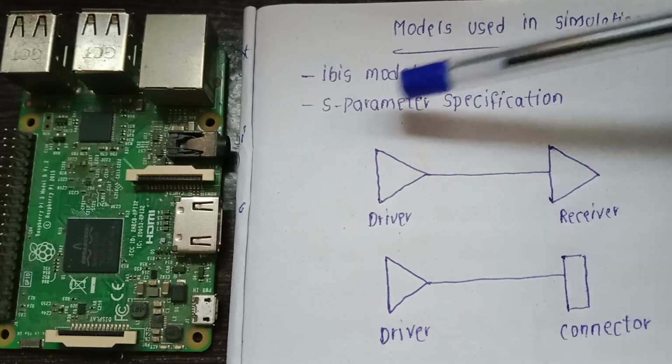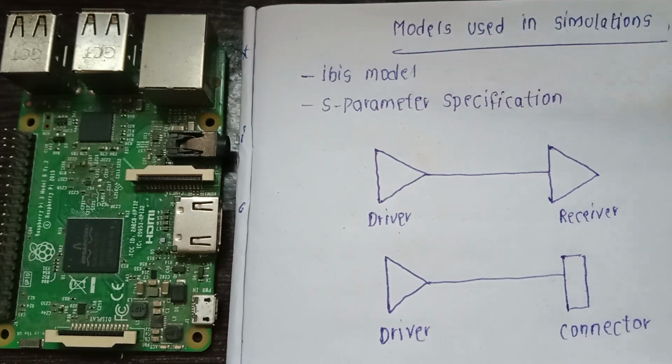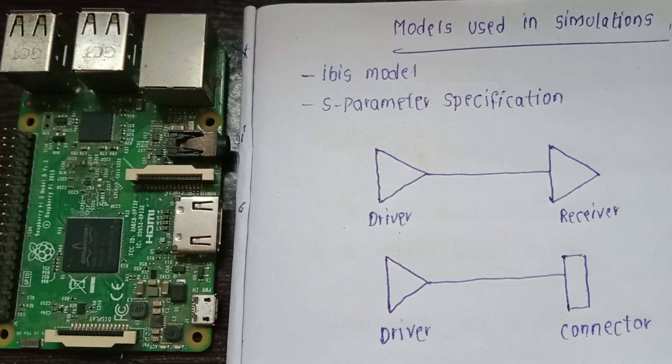We import these models into the simulation tools and then perform the simulations. There are other kinds of simulations, which we will talk about in later videos, but if you are starting with signal integrity, these two are the major things that need to be understood.